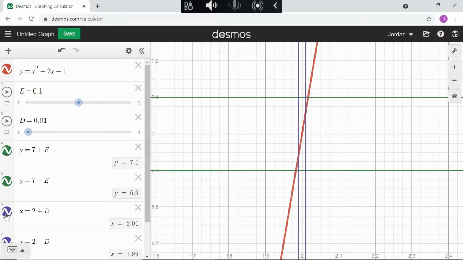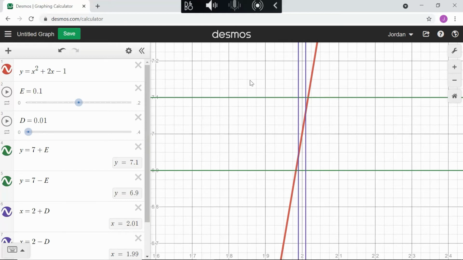So that's the idea. We start with a green region and we ask, can I draw vertical lines such that within those vertical lines, all of the outputs are also within these two horizontal lines?